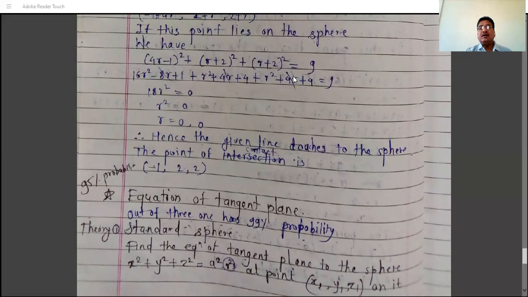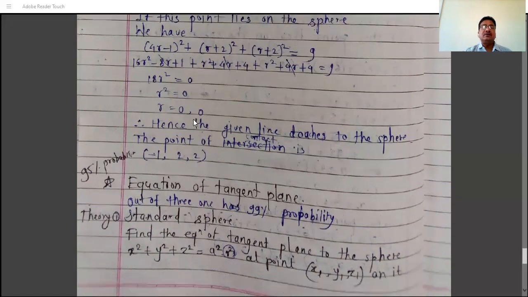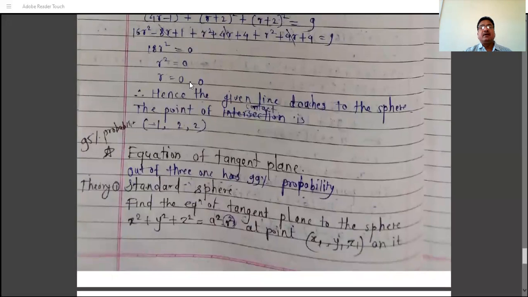So 8r and this 4r plus 4r is 8r, minus 8r becomes 0, and so 18r square is equal to 0. Again, the constants 4 plus 4 plus 1 are 9, and if you shift 9 to the RHS, then 9 minus 9 is 0. So r square is equal to 0. Therefore, the values of r are 0 and 0. Both the values are the same.